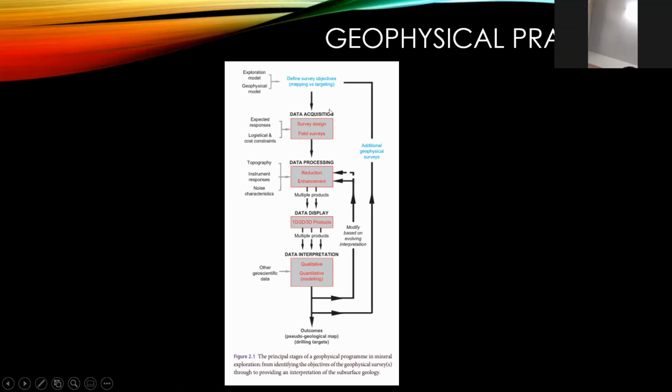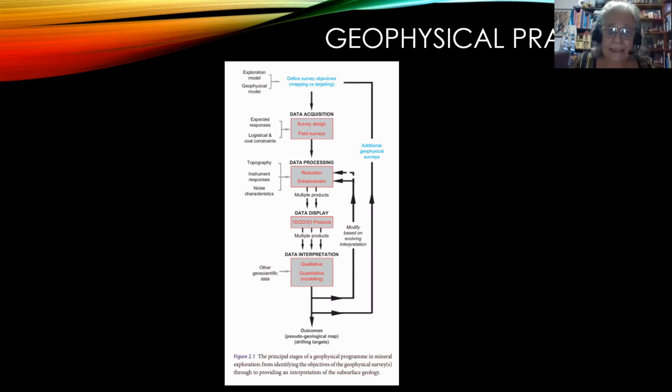And then we go into the processing, reduction, enhancement of the data, display 1D, 2D, 3D, and interpretation. And now this goes on. So we evolve the interpretation, we bring other data together, we do additional geophysical surveys. So this is the general workflow.